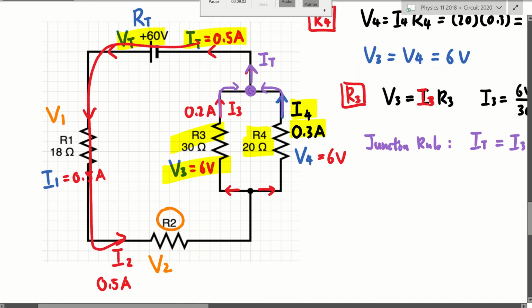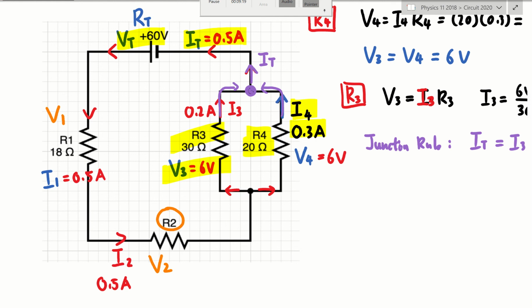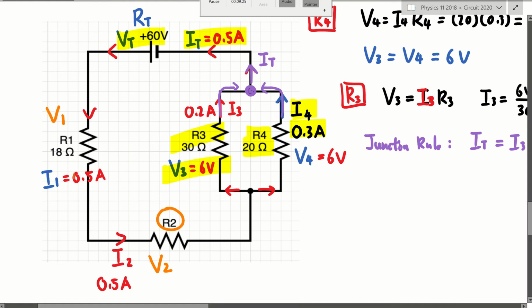If I have 5 people going here, I should have 5 people passing by R1, and 5 people passing by R2. They only split up later on, right? I know it's not 5, it's 0.5, but you get the point. 0.5 people sounds weird, right? Okay, so that means at this location now, I do have 2 out of 3 things.